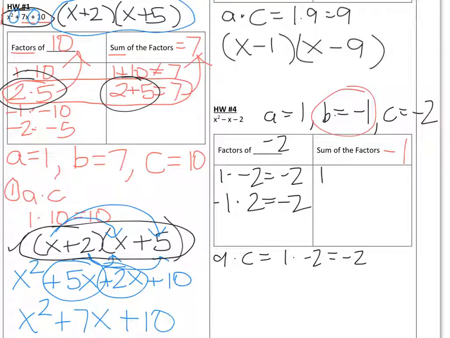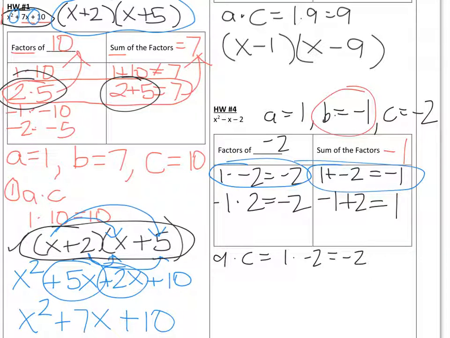So 1 plus negative 2 does equal negative 1. So this one is the one that we want to use. If we did the other one, negative 1 plus positive 2, that would equal positive 1. So that one does not work.